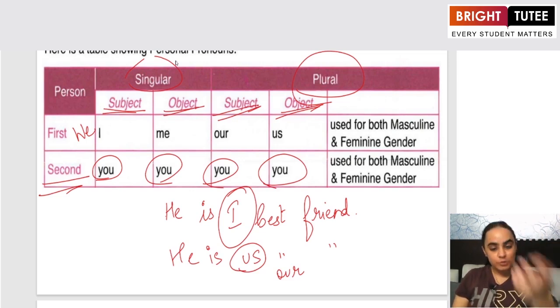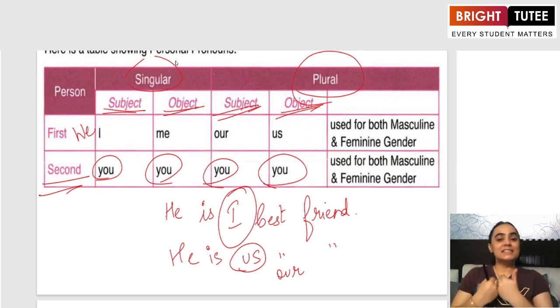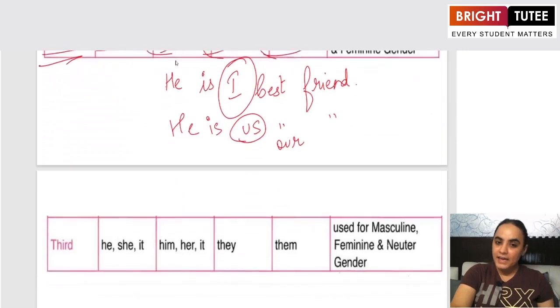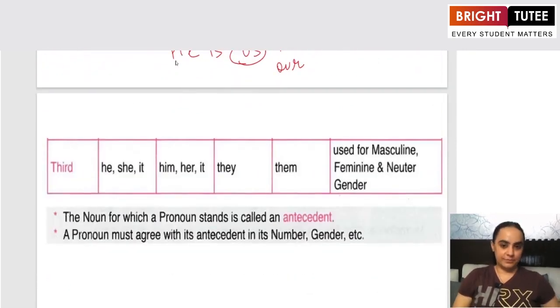I speak to you. I am directly conversing with you. So the first person, that is the speaker, will always directly speak to the second person, who is the listener. And for the second person, the pronoun, be it singular or plural, in place of subject or object, is going to be you.